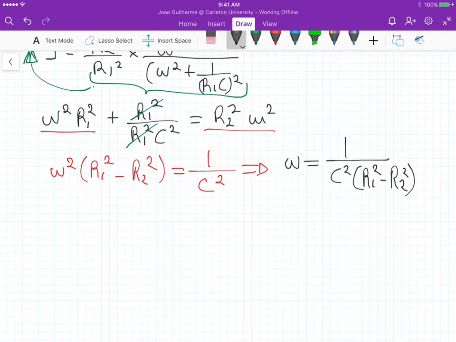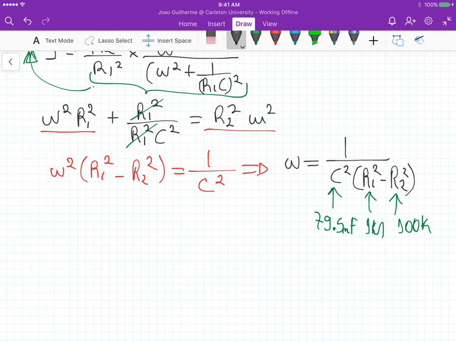Okay, now if we substitute the parameters that we just designed the circuit with, so this C here is 79.5 nanofarad, R1 is 1K, and R2 is 100K, right? Let me just make sure. Yeah, so it's 100K.